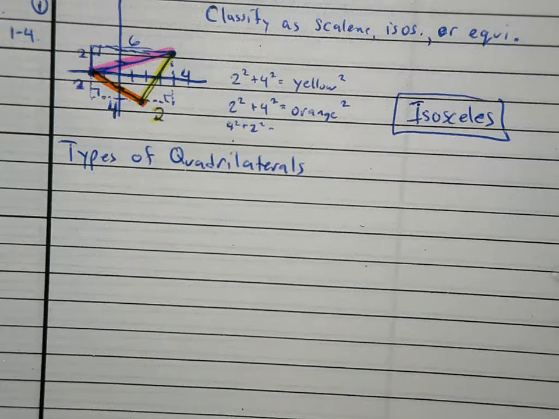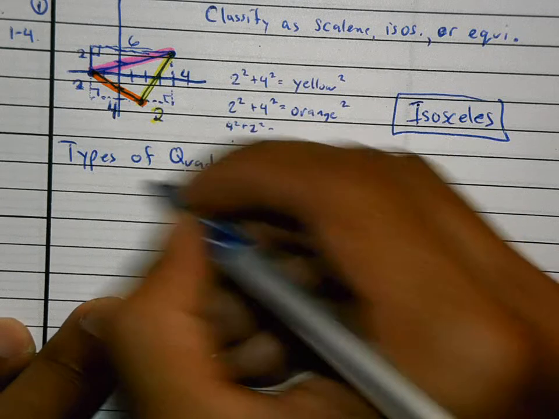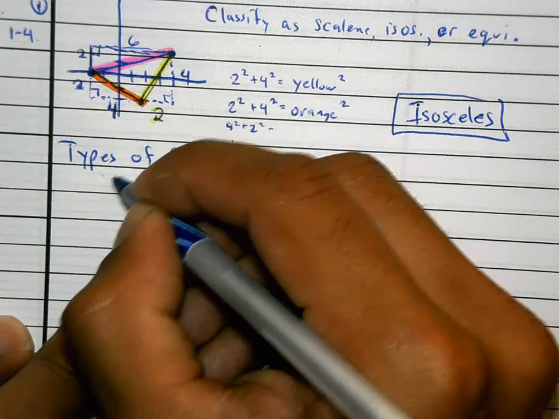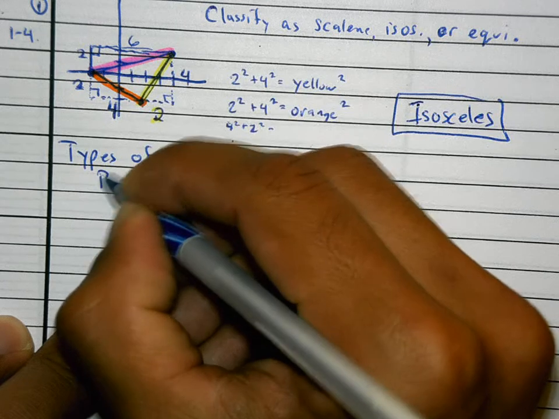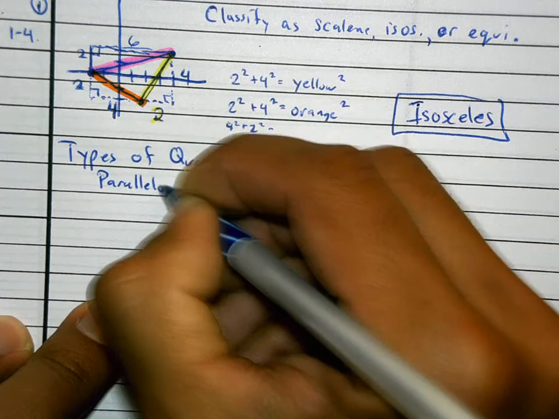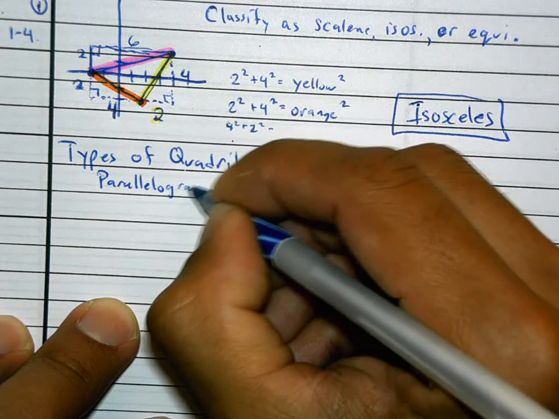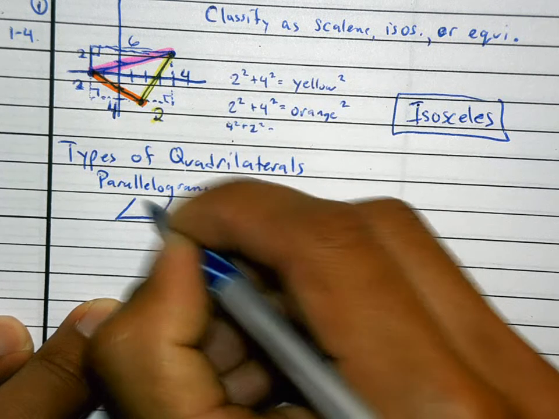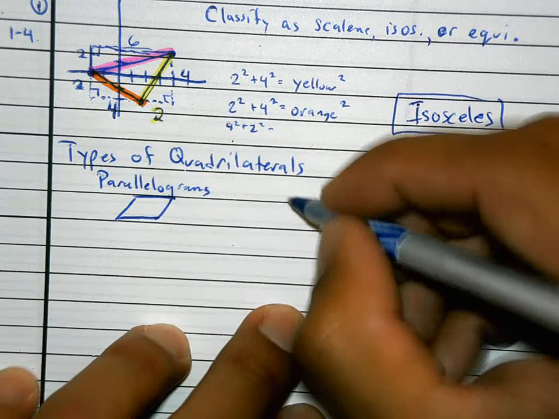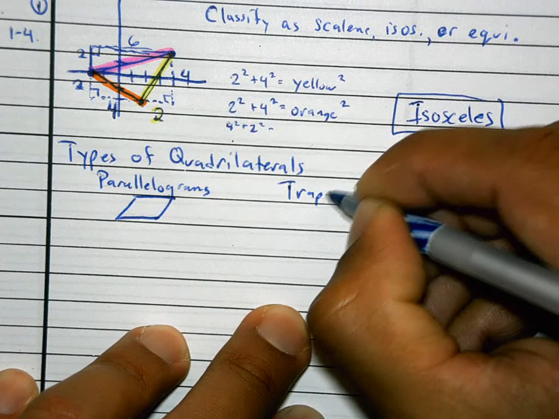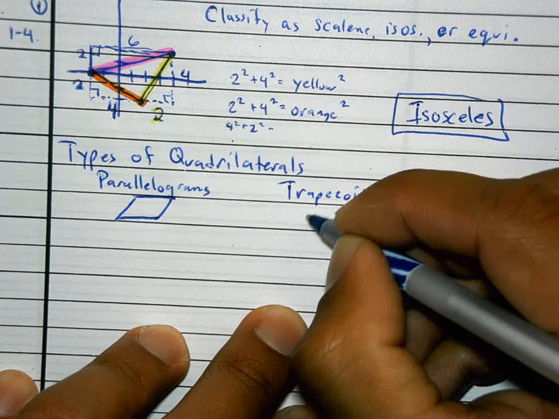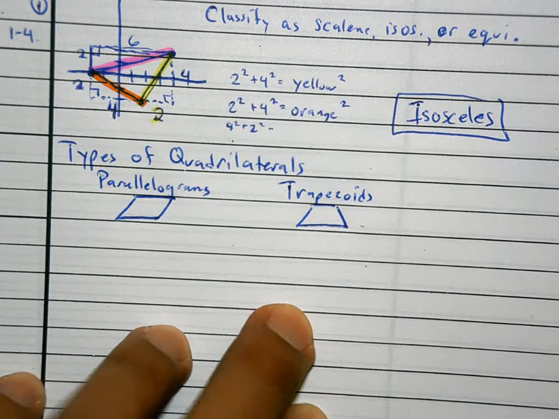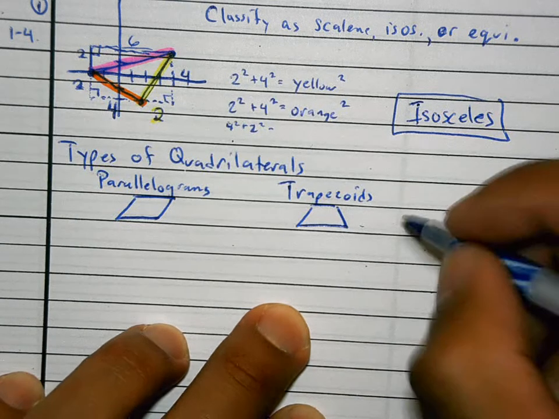So I'm going to write that. Types of quadrilaterals. There are parallelograms. I'm going to draw a picture for you. Trapezoids. I'm going to draw a trapezoid for you. They have a second base. And kites.